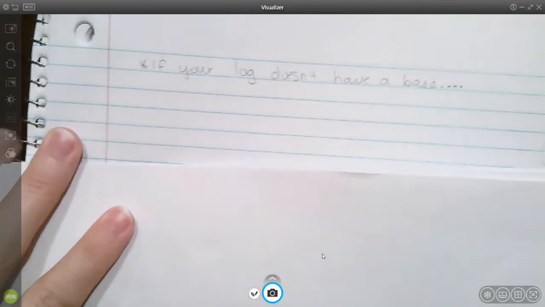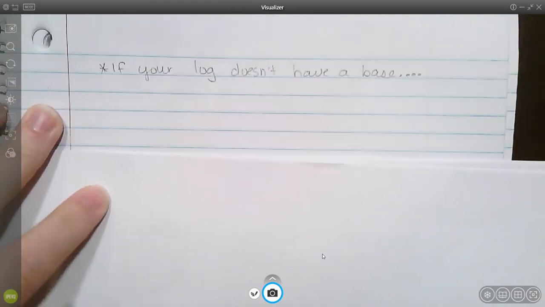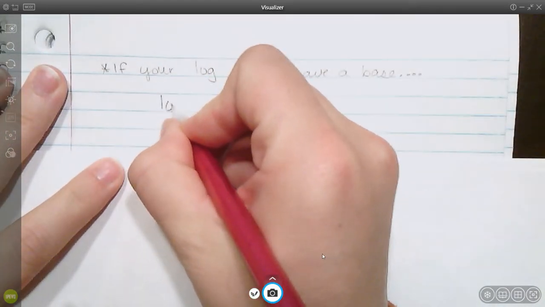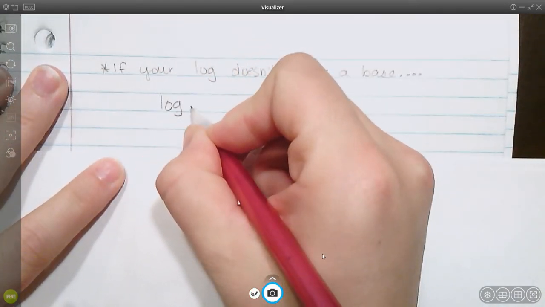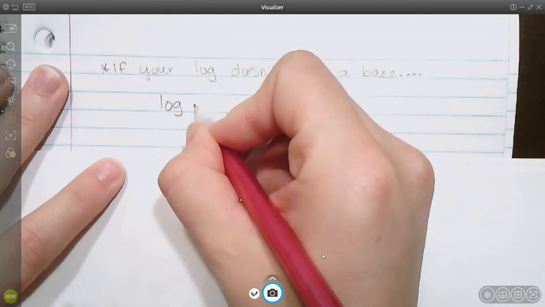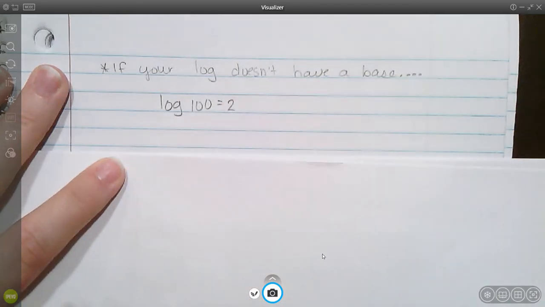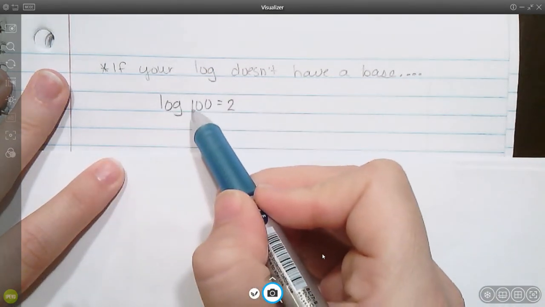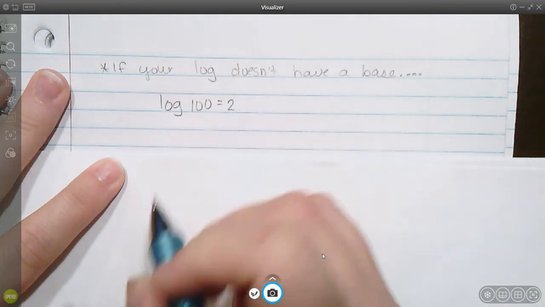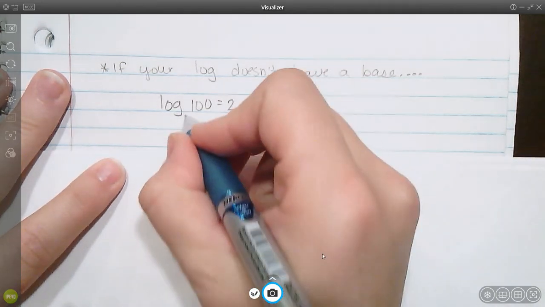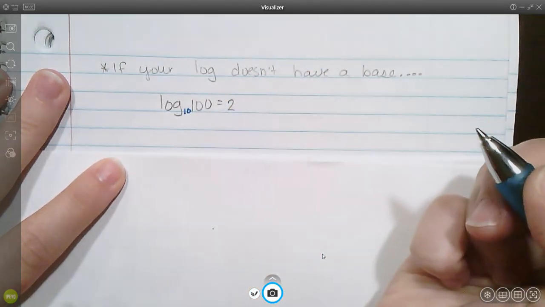Okay, so now let's pretend that you are doing a problem and you get something like this. So you have log of 100 equals 2. So notice how this problem is missing a base. So this logarithm right here does not have a base. If there's ever something written that doesn't have one, it's automatically a 10.